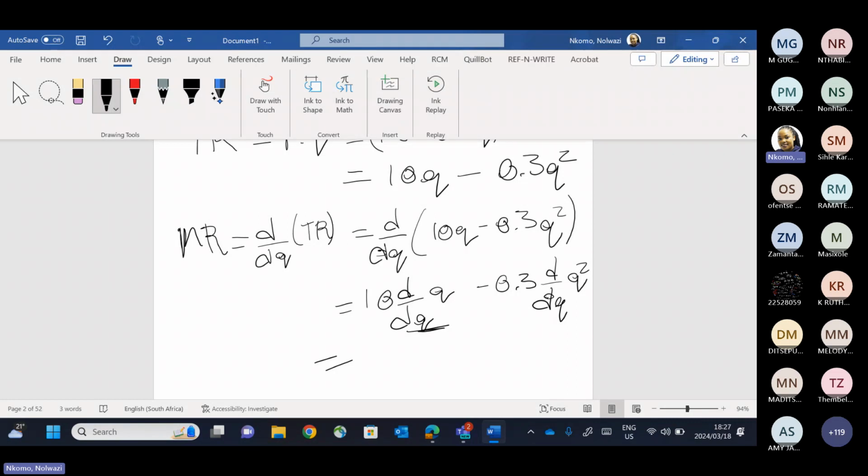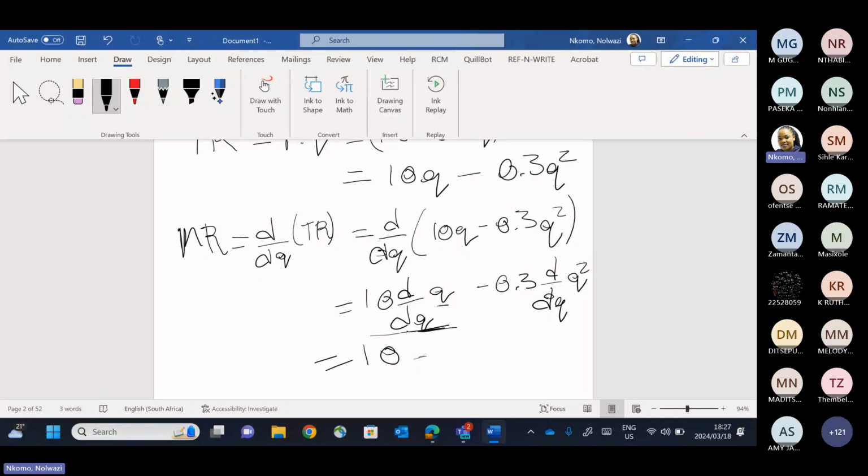What is the derivative of Q? You're going to get 1, so 1 times 10 is 10.